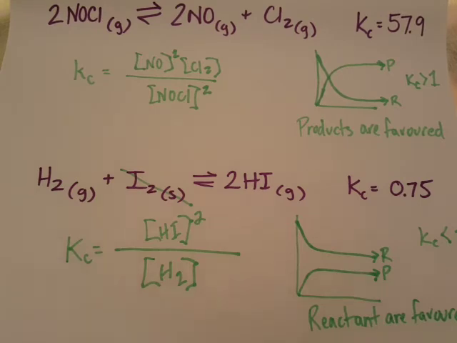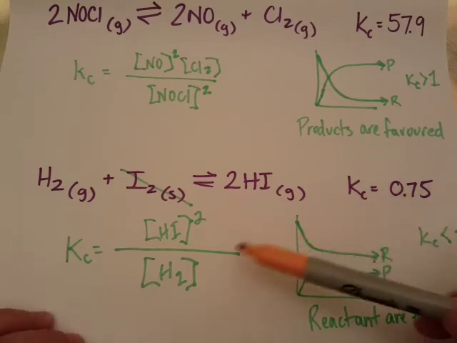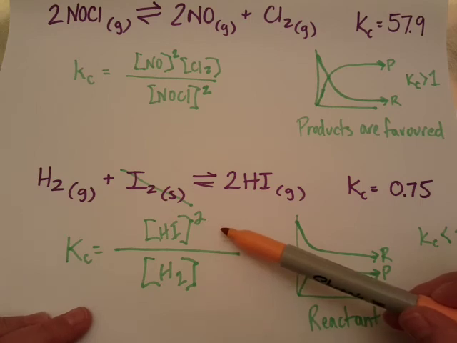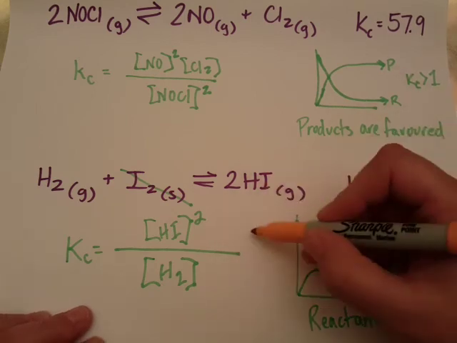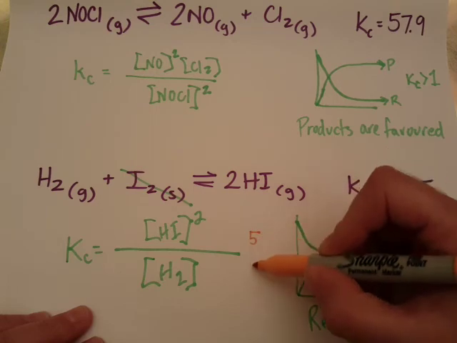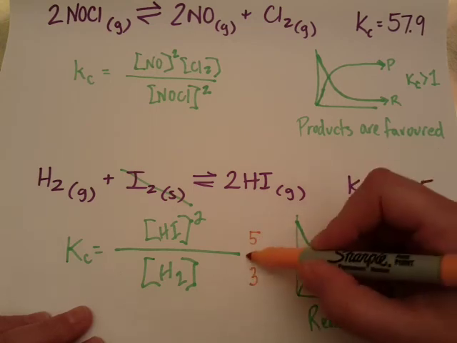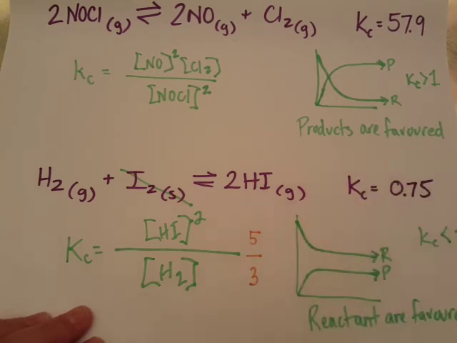So for me, I'd like to think about it in terms of the fraction: where is the big number? If this was the big number, let's say this was like 5/3, we would not end up getting a K value that's less than 1.